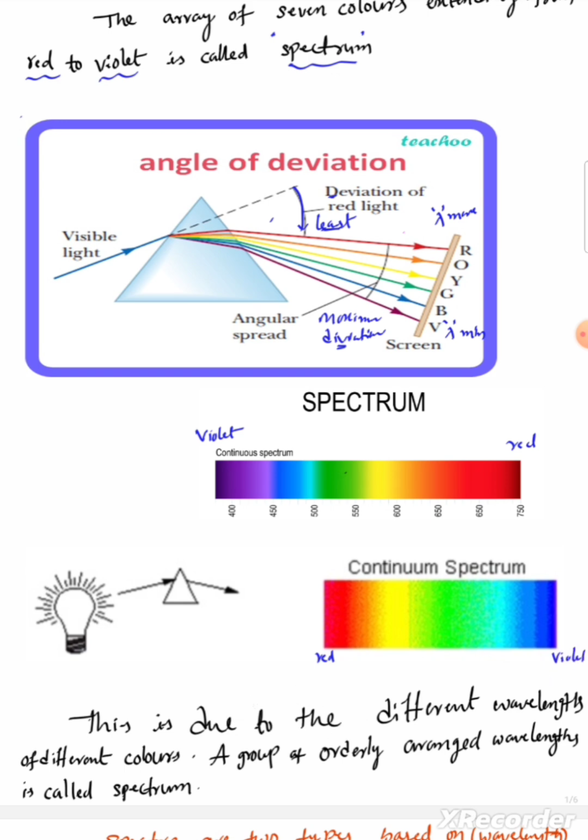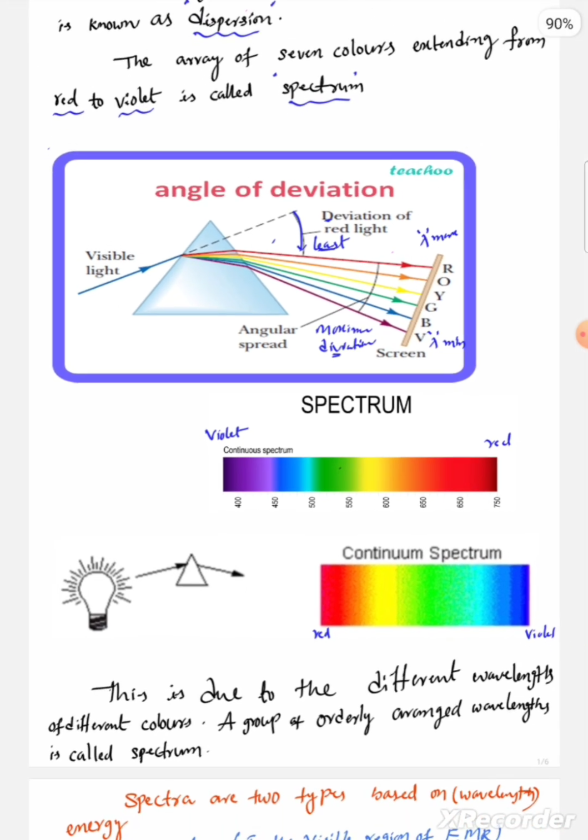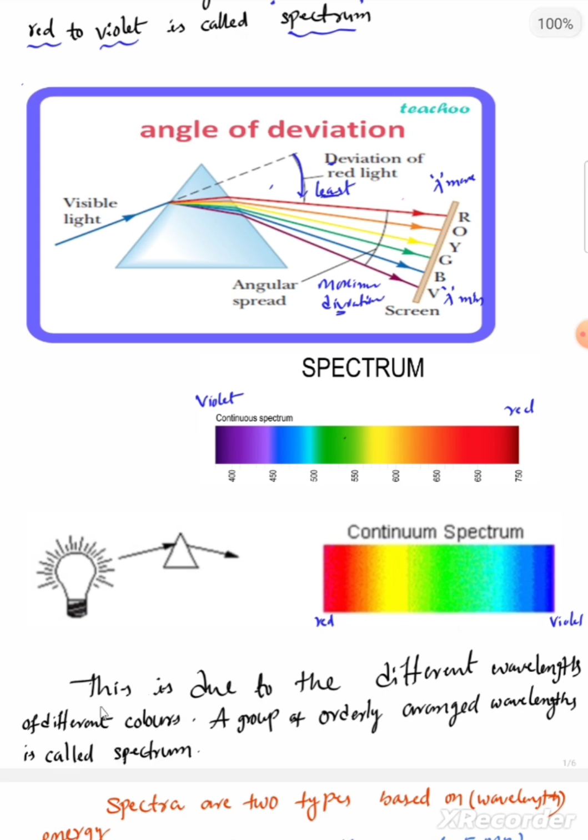This is due to different wavelengths of different colors. We can also say a group of orderly arranged wavelengths is called spectrum. These have different wavelengths.